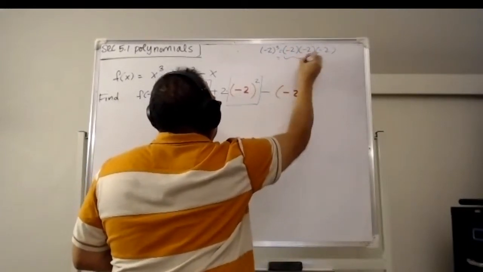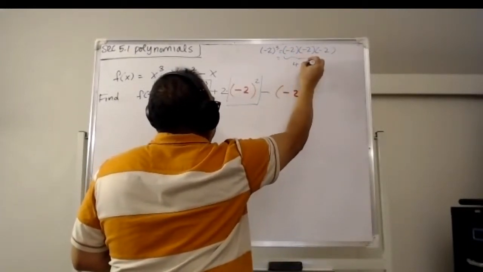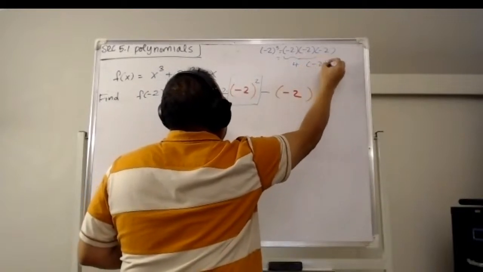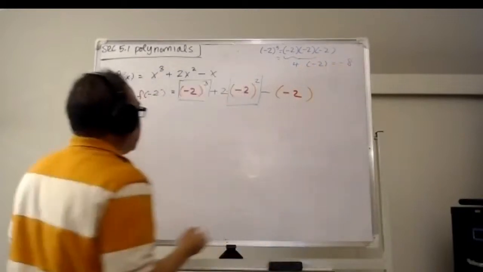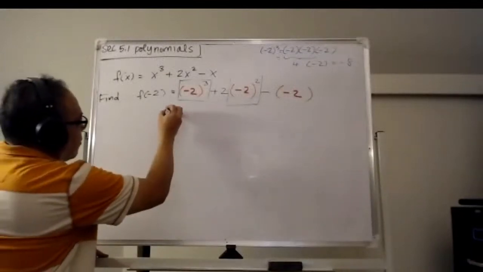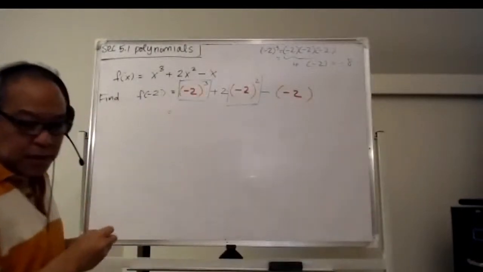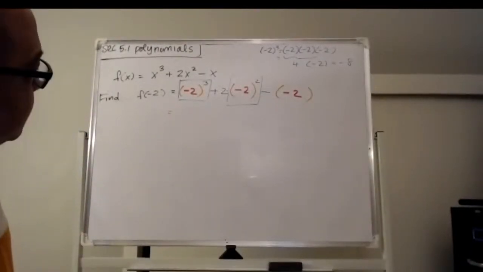Now these two turn into a +4, which equals a -8. So this part right here, that green, turns into a -8.